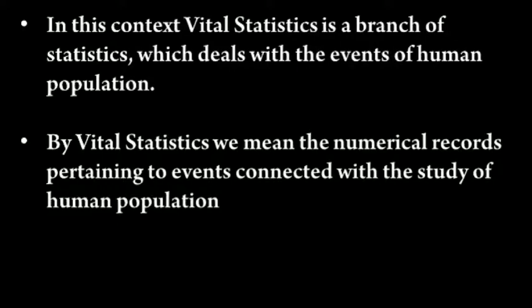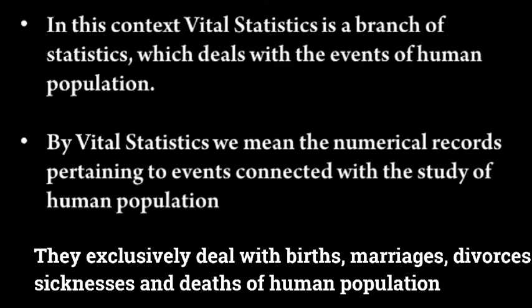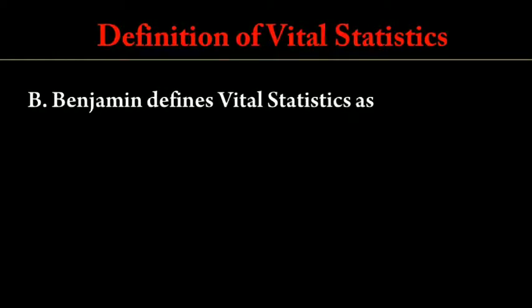So these are the numerical records related to the events connected with the life of a human being. Now, which are those vital events connected with the life of a human being? They exclusively deal with births, deaths, marriages, divorce, etc. of human population.